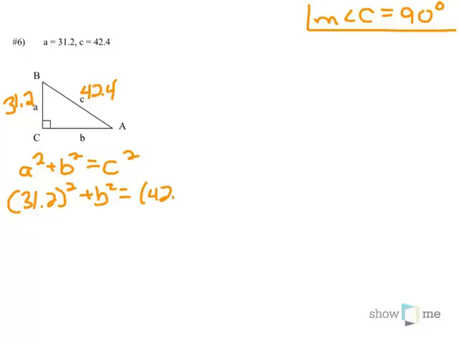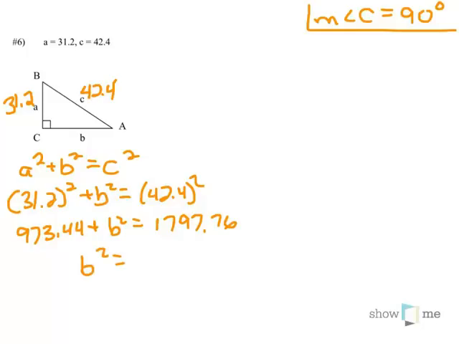squared is 973.44. C squared is 1797.76. If you subtract 973.44 from both sides, you get 824.32.